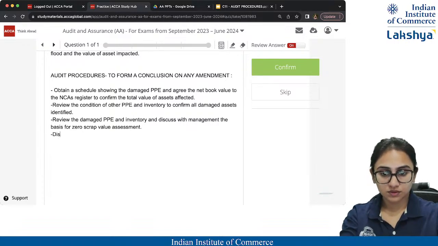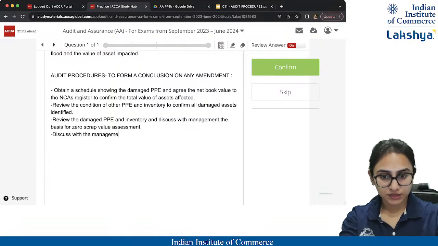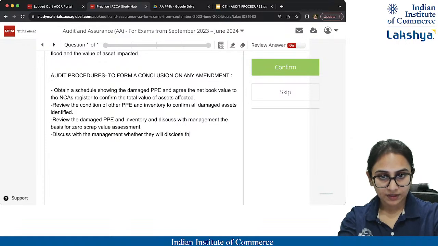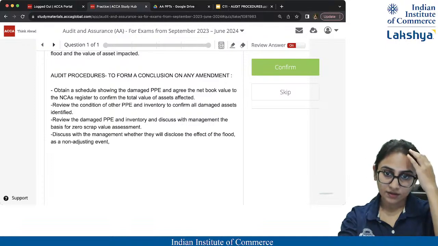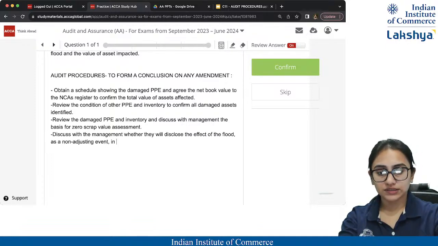So discuss with management whether they will disclose the effect of the flood as a non-adjusting event in the year-end financial statements.